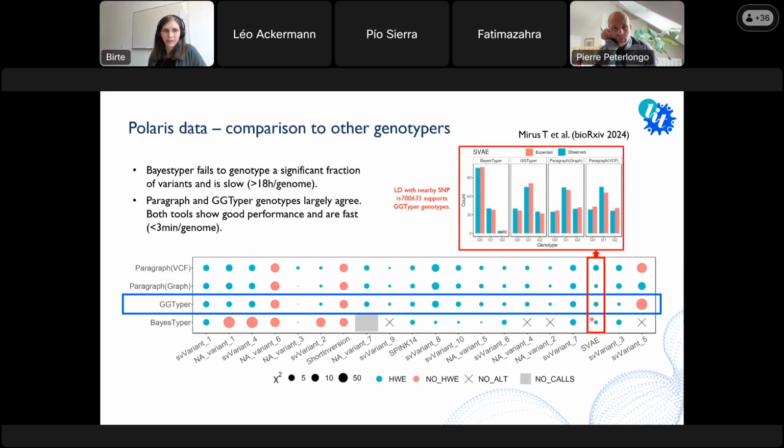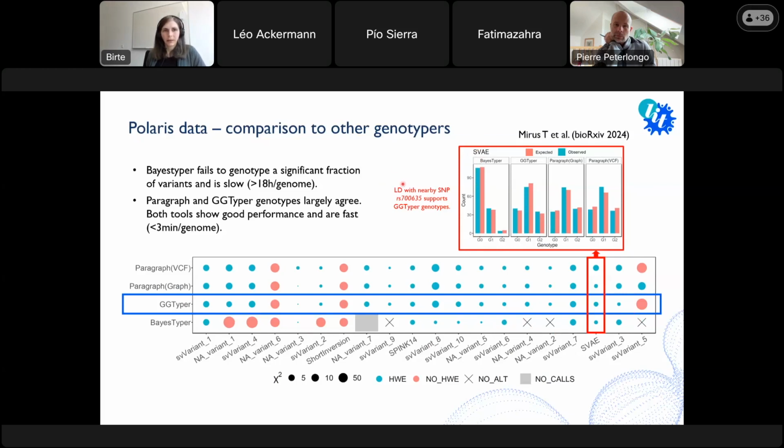It looks here as if BayesTyper is even better, has a smaller chi-squared value than GGTyper and Paragraph, but this is because it genotyped many individuals as heterozygous, and if you do so, then it's easy to reach a high chi-squared value. And this is also why we took out these 4 variants where we have only the homozygous reference genotype.